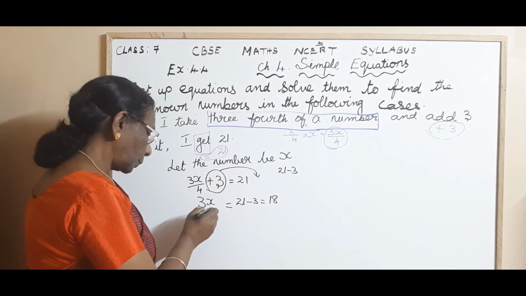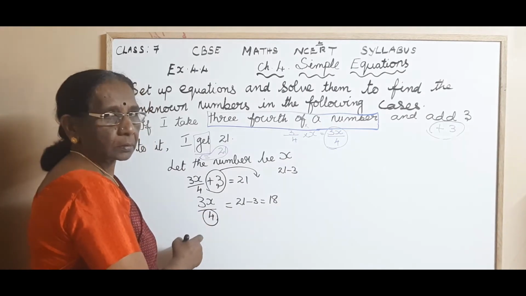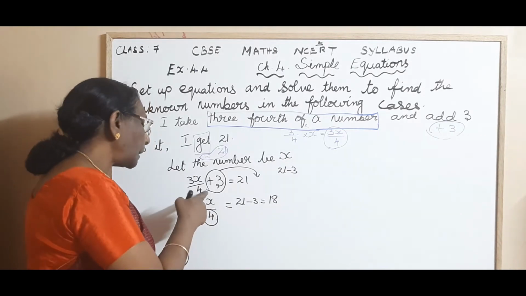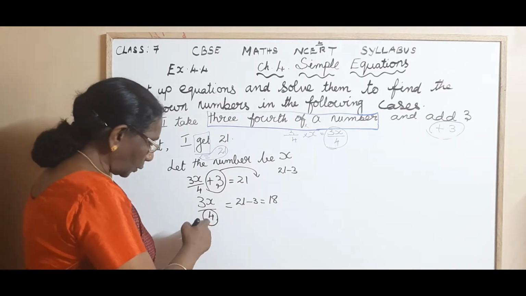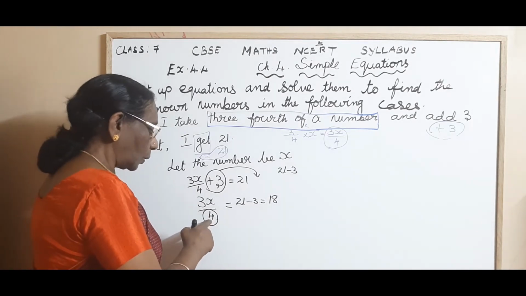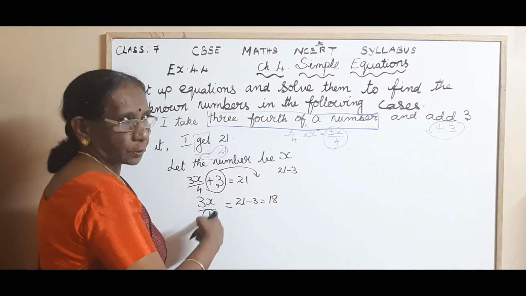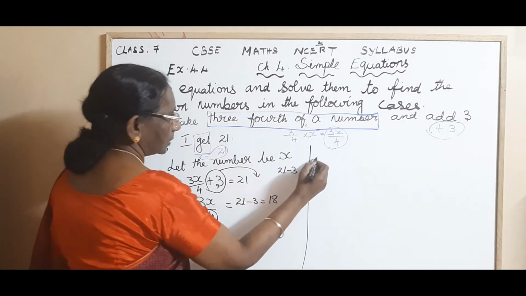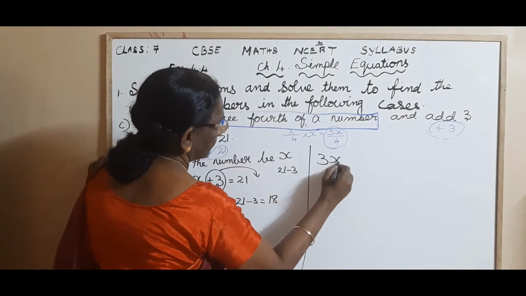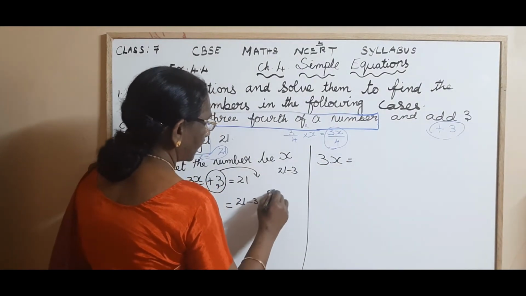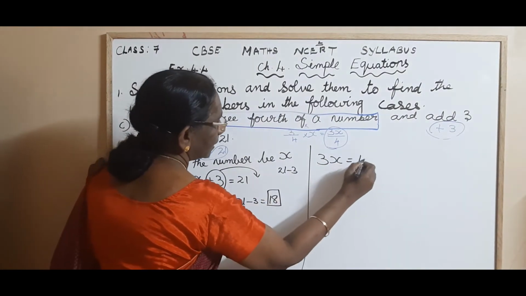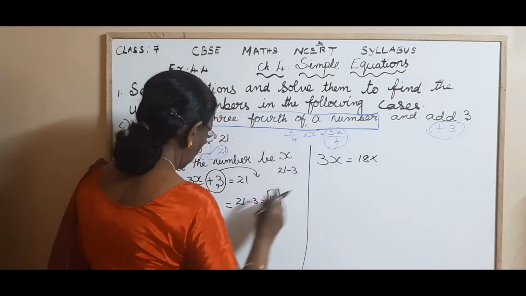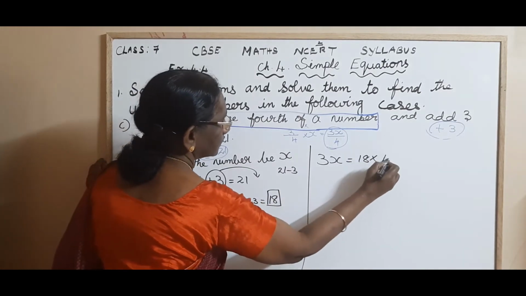You have to transpose this 4. And this 4 is dividing 3x. So when you are transposing this 4 from LHS to RHS, it becomes multiplication. So what do you get? 3x is equal to 18 into 4.